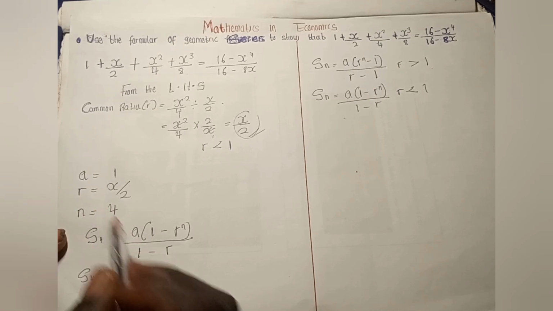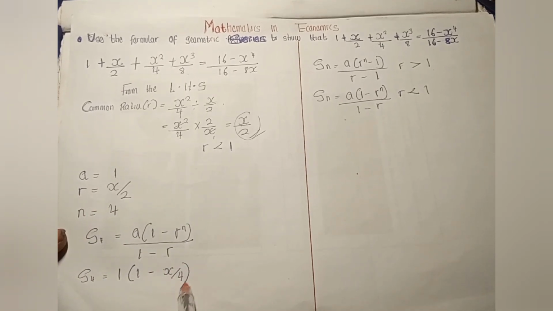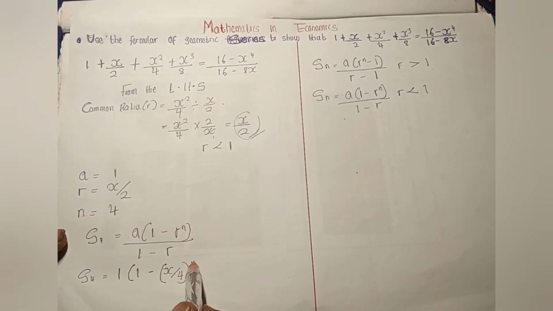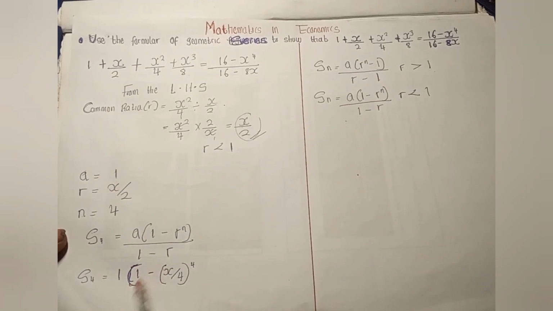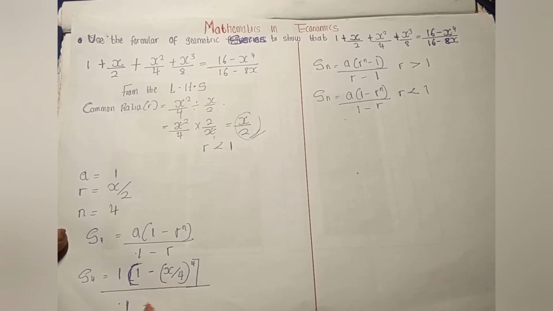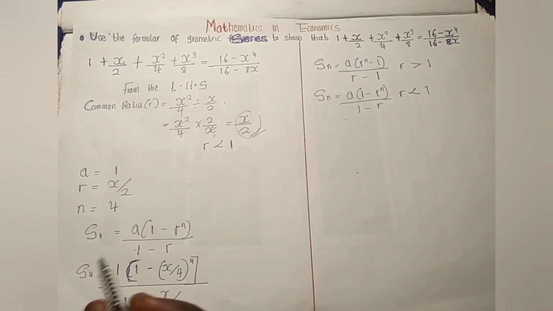My r is x over 2, all raised to the power 4, all over 1 minus r. What's my r? R is x over 2. Please don't join this with this, they are totally different.